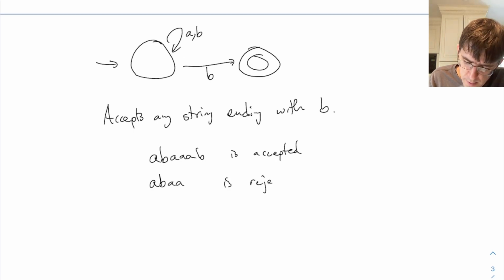When I say that, what I mean is this string is accepted means there is a path through the diagram reading these letters which ends in the accepting state. And the way to do it is I go A, B, A, B, and I end in the accepting state.